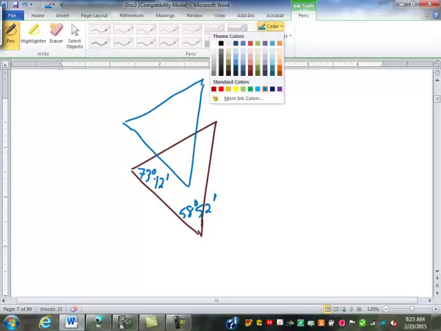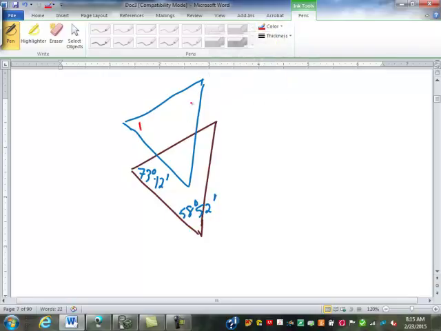So I know those 2 angles. So I call these angles 1, 2, and 3. Which angle up there has to be 73 degrees 12? Number 1. Very good. How about the 58? Angle 3. When all sides of a triangle are parallel to the sides of another triangle, the angles are going to be the same, period.